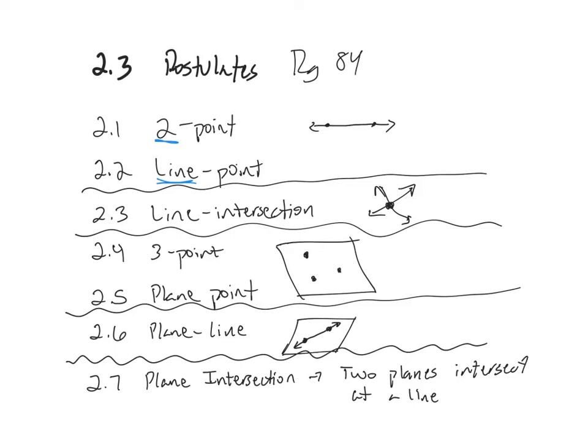So if it had a picture with 2 planes and it's identifying the line where they cross or intersect, then you're looking at plane intersection postulate. Okay, so on the test Friday, there will be a couple questions, I think. I'll go over specifically on Thursday, but I think there's 2 of them where it gives you a picture and then says, which one is this? We'll go over that more on Thursday.